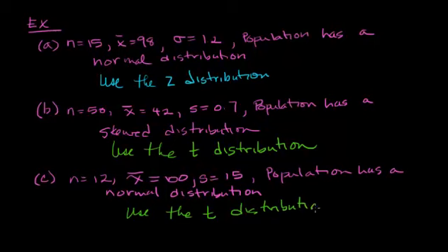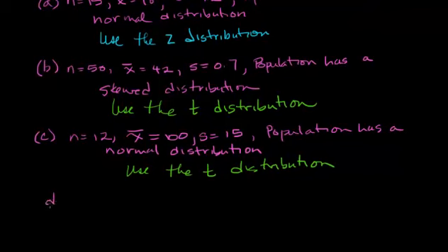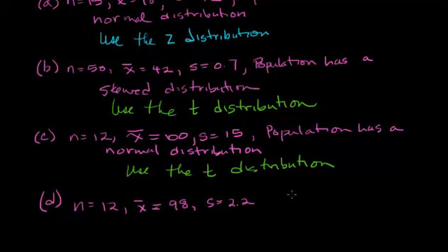A couple more. N is 12. Sample mean is 98. Sample standard deviation is 2.2. And the population has a skewed distribution.